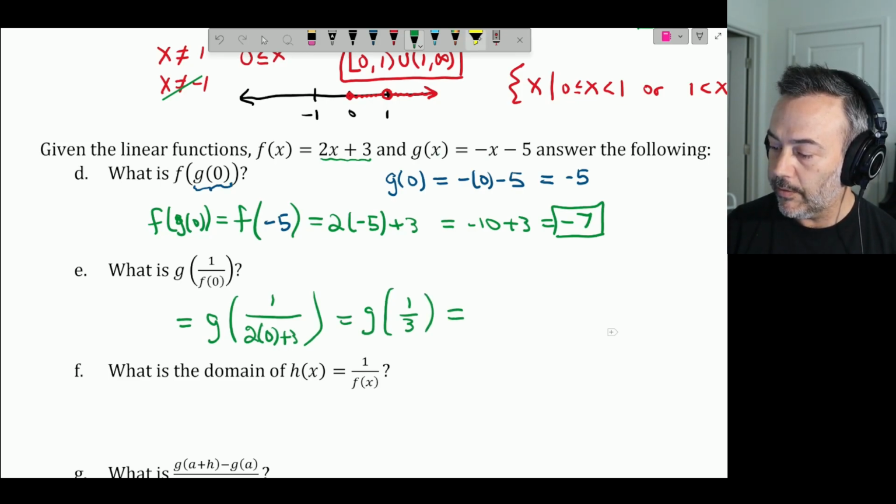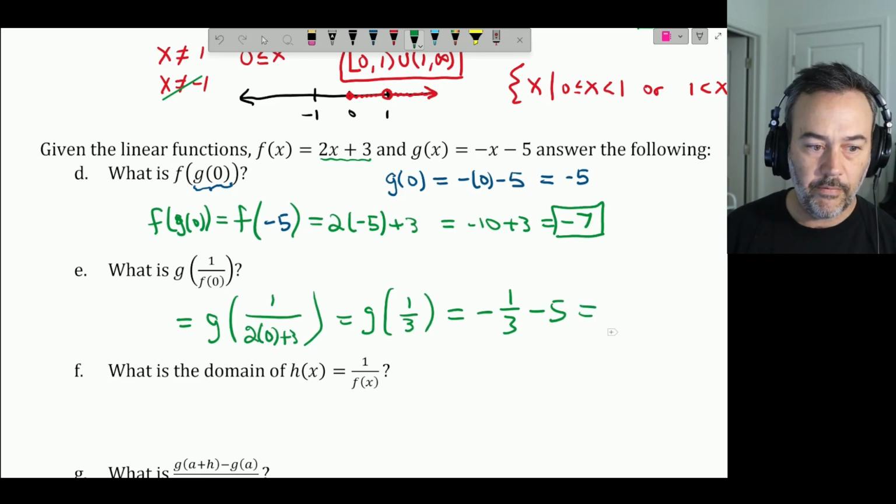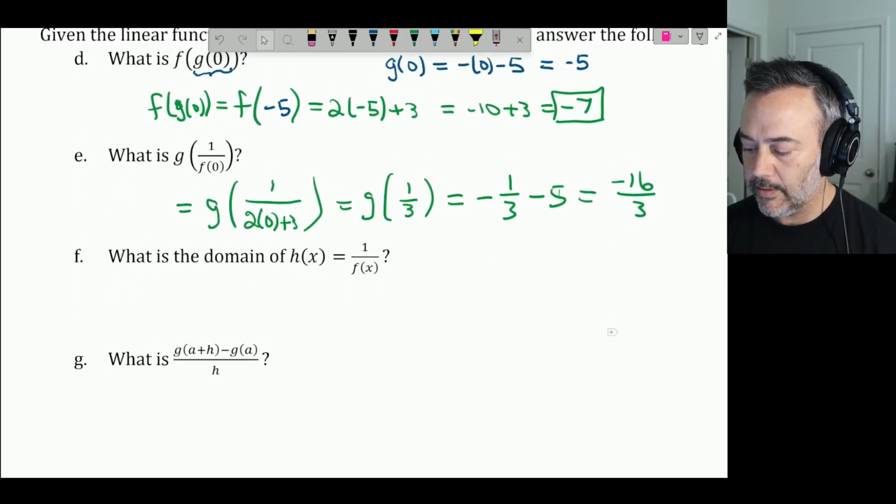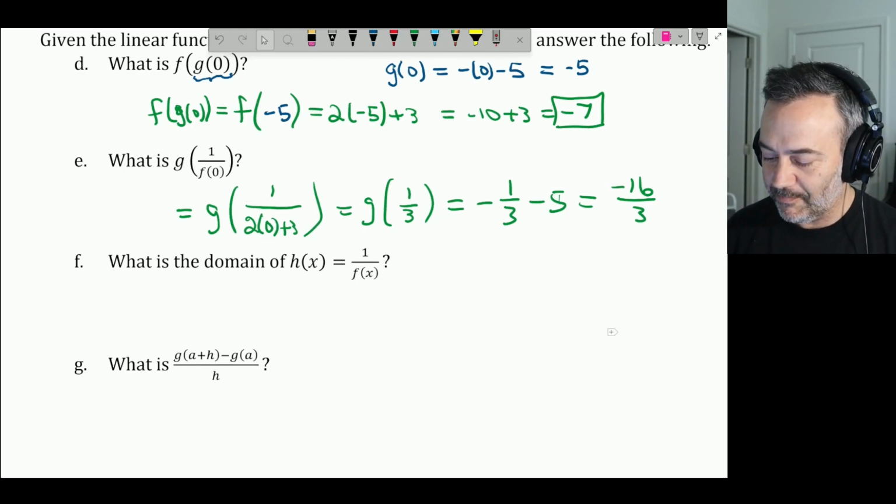Now we just need to put 1/3 into g of x. And g of 1/3 is negative 1/3 minus 5. If we get a common denominator and add that together, it'd be negative 15/3 here. So we would get negative 16/3. I know you can add fractions. I'm more worried about the function notation.